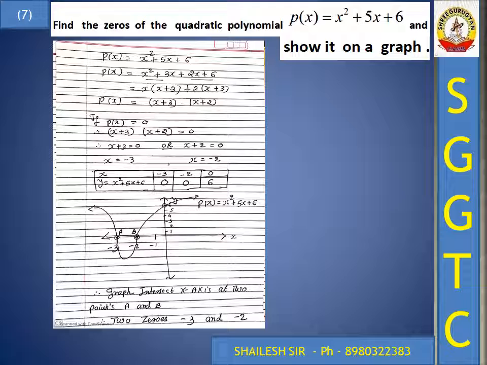Students, this graph I already explained at the start. In our textbook question 2.1, the general graph solution, this graph also intersects the parabolic curve at 2 points. So my graph has two zeros, minus 3 and minus 2.